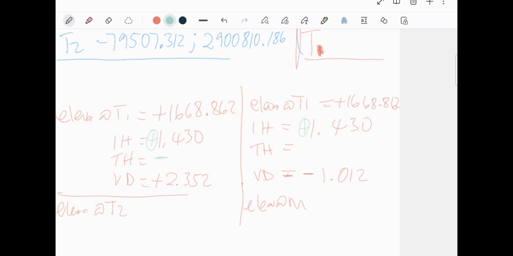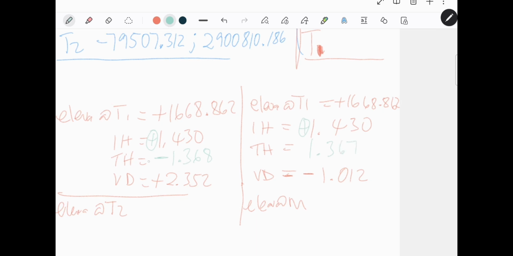For T2, it's written 1,368. Don't make a mistake and take that 1,367. For T2, we have 1,368. Then for M, we have 1,367.